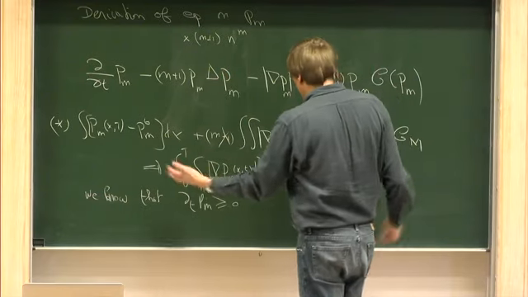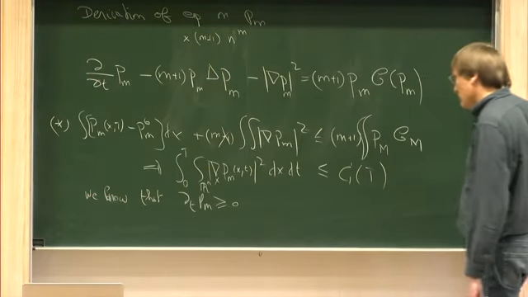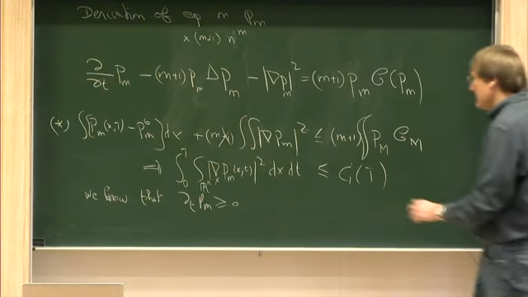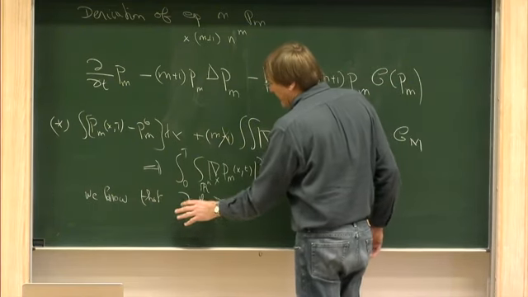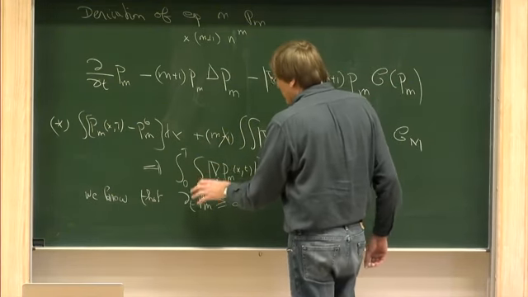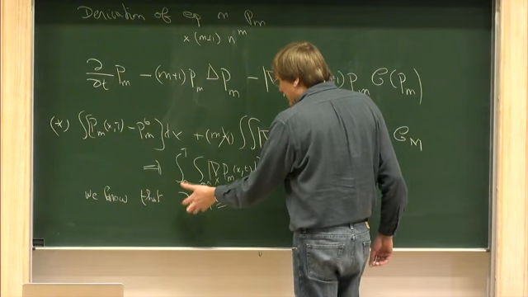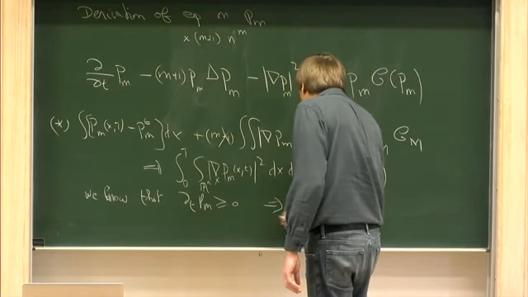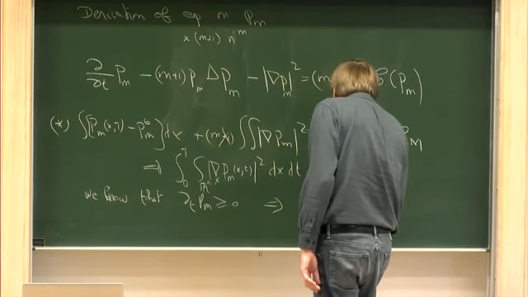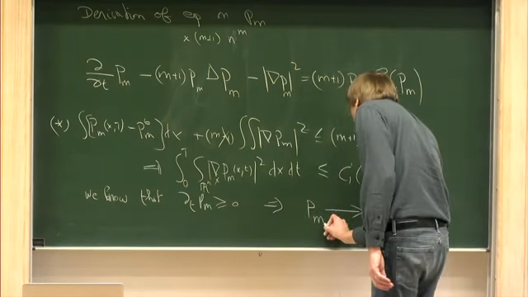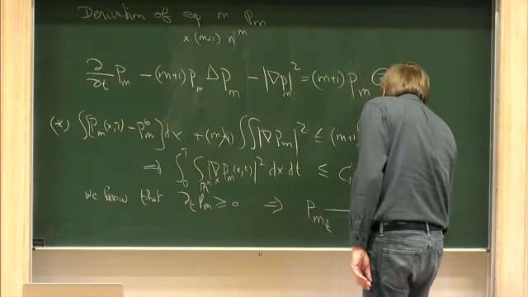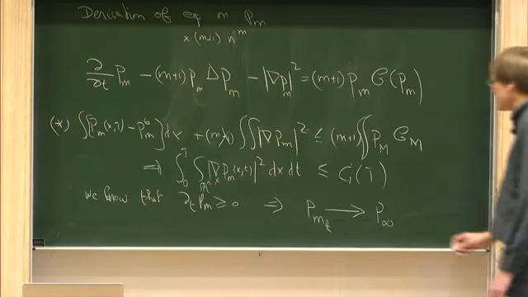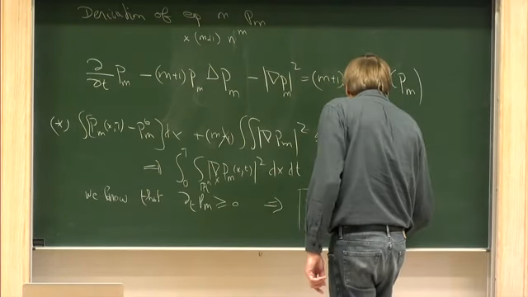So you integrate everything and you get the control of dtp, or you get it from the control of dtn. So this tells you that dtn is a measure. That dtp, the time derivative is controlled, the space derivative is controlled. So this means that Pm is converging strongly also after extraction always to a P infinity. So this is the second conclusion.